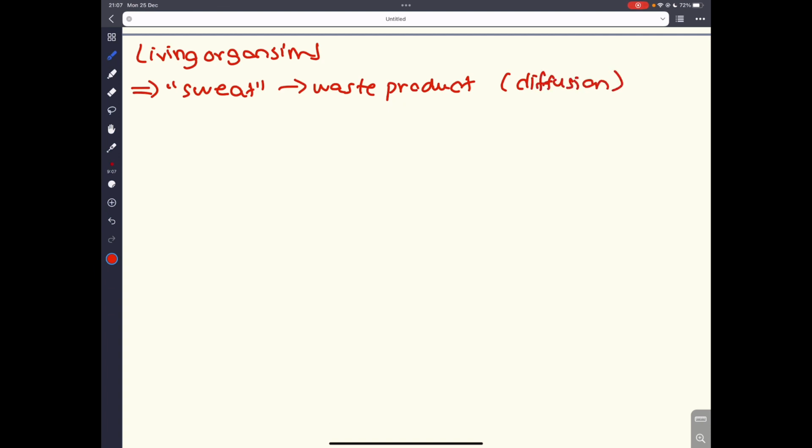And this is only one of the several examples that I will be giving you. Organisms also need to obtain nutrients via diffusion, such as, as I've said, oxygen from the lungs. And carbon dioxide could also be a prime example of a nutrient when we talk about plants.